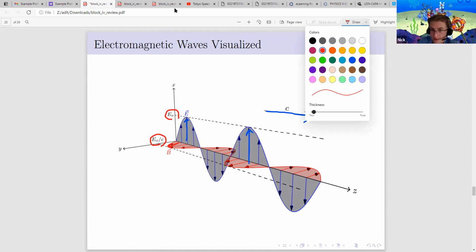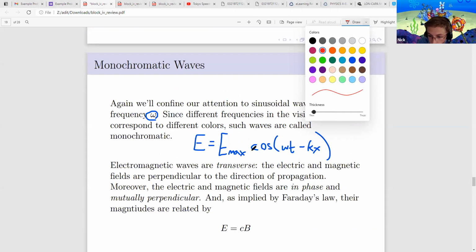Let's see. Should it be sine for the electric field? You mean right here, where I wrote that example equation out? Yeah, so it definitely can be either sine or cosine. Really it doesn't matter because sine and cosine are the same exact thing, except one is displaced by a factor of pi over 2.